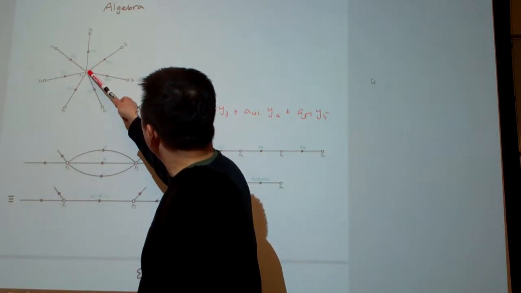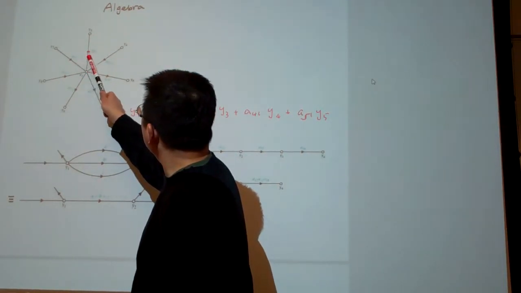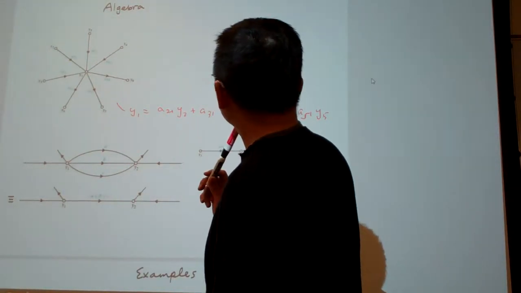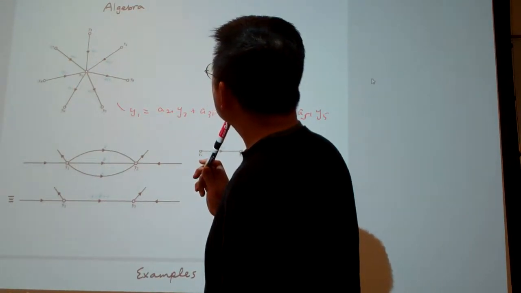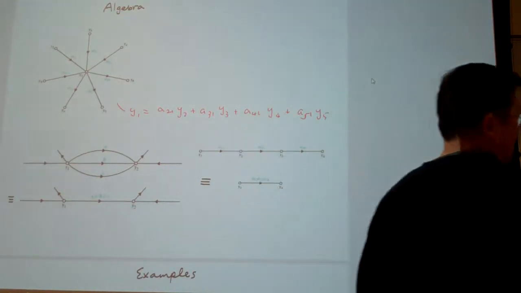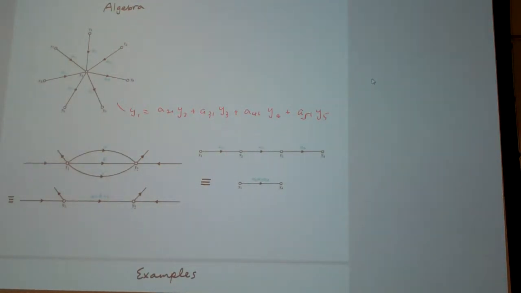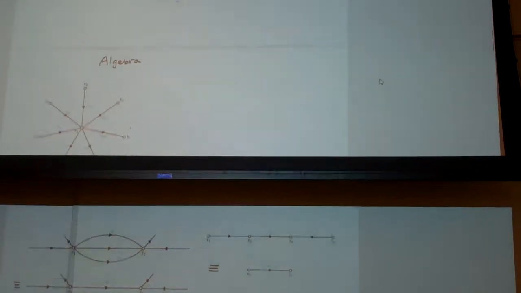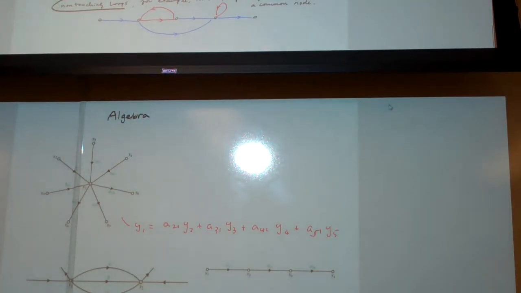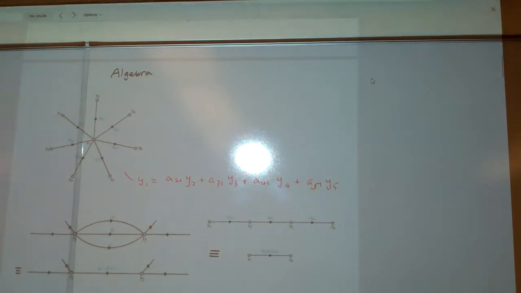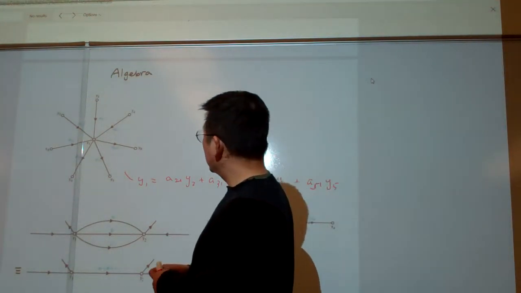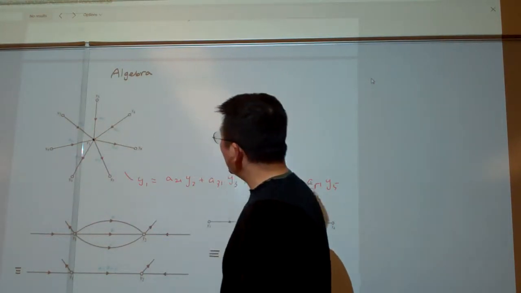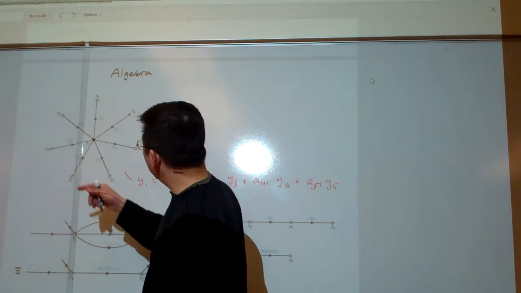It has 1, 2, 3, 4. We'll simply look at Y1, this node here, and we see this is 1, 2, 3, 4, 4 incoming.